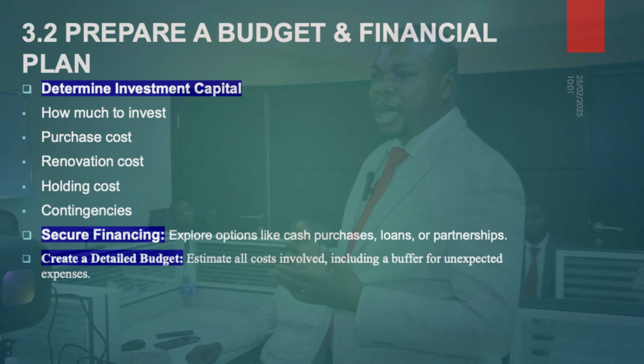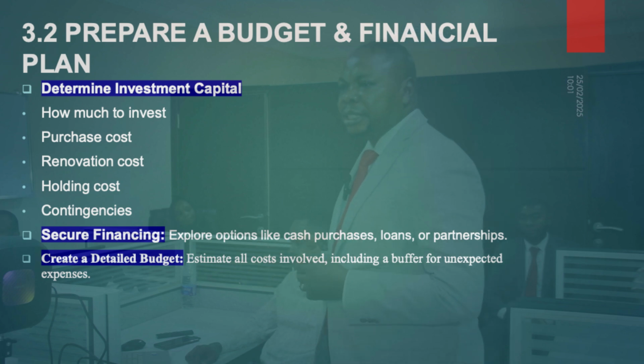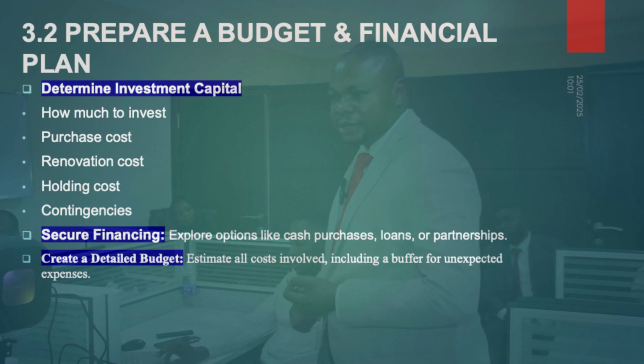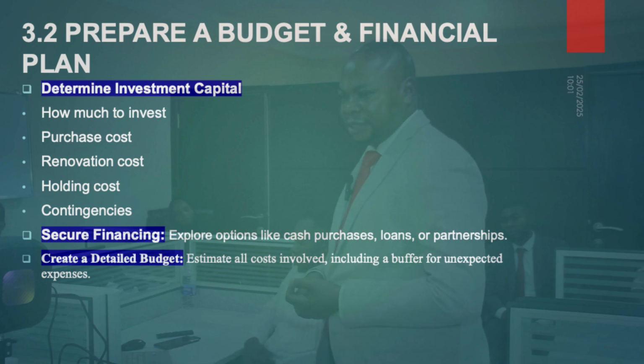Prepare a budget and financial plan. Determine investment capital. How much do you want to invest? What is the purchase cost for this property? What is the renovation cost? What is the holding cost? Contingencies. So when we discussed long-term rental property, I mentioned this holding cost.